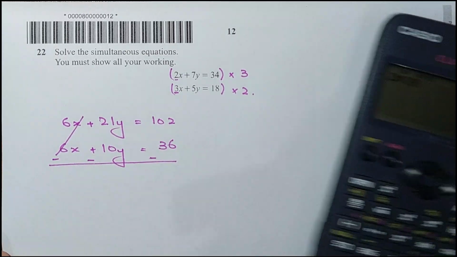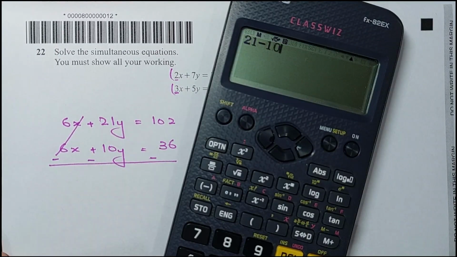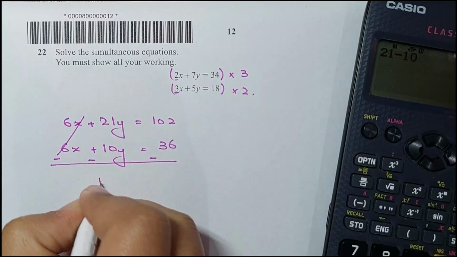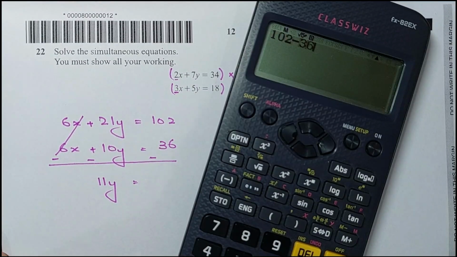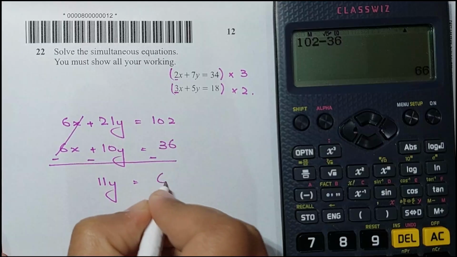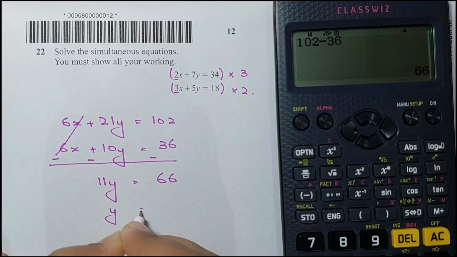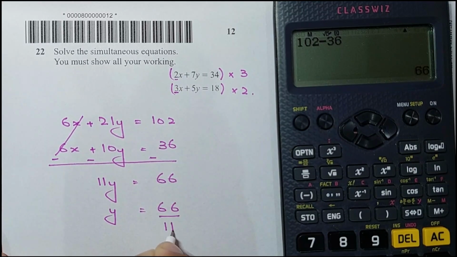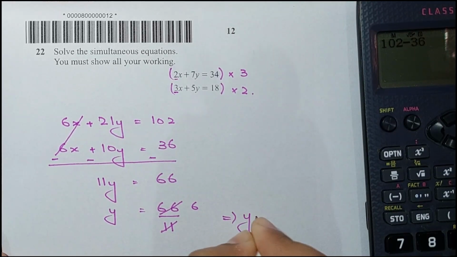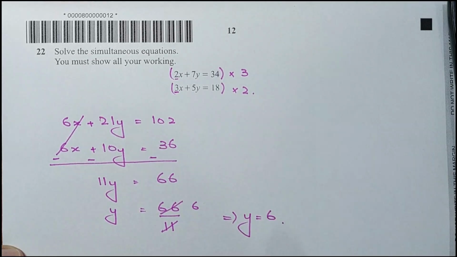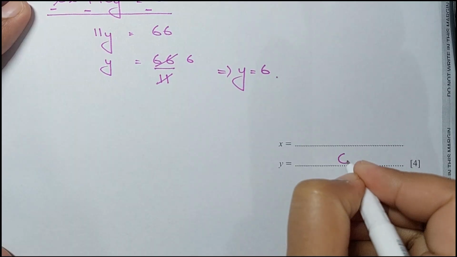The x cancels out. From 21 subtract 10 is 11y, and 102 subtract 36 is 66. So y equals 66 divided by 11. 11 times 6 is 66. So the y value is 6.